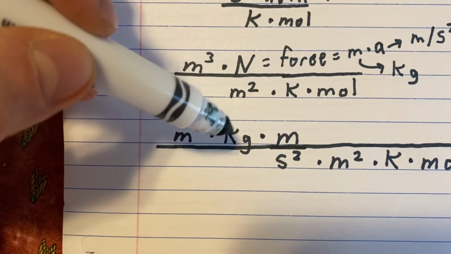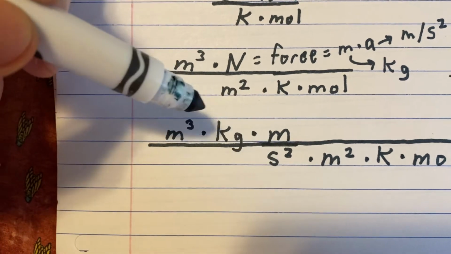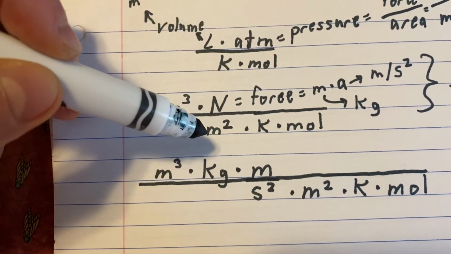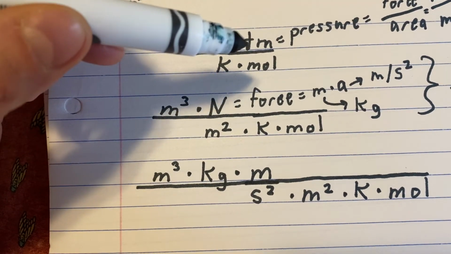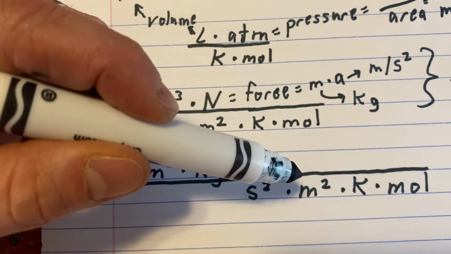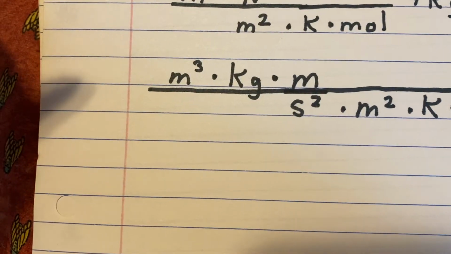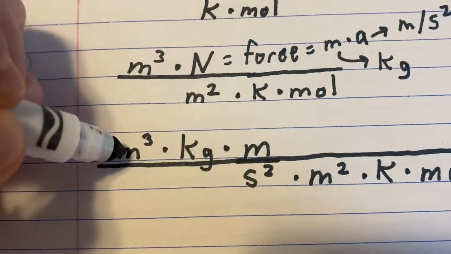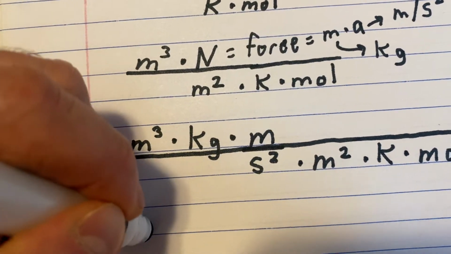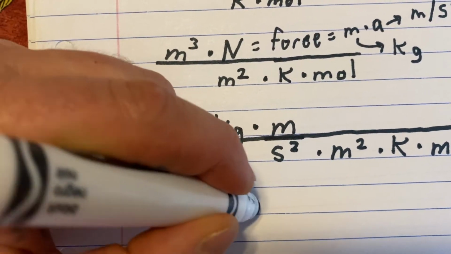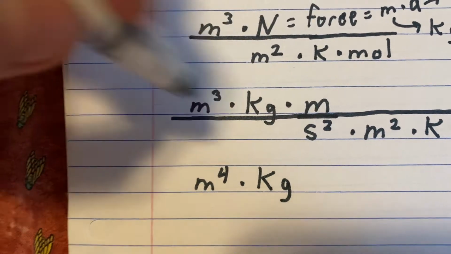I'm left over with my square meters over there from the pressure, and then Kelvin and moles. Does that make sense? So now I'm going to squish these all together, and I believe I'll have meters to the 4th times kilograms. And that's in the numerator.